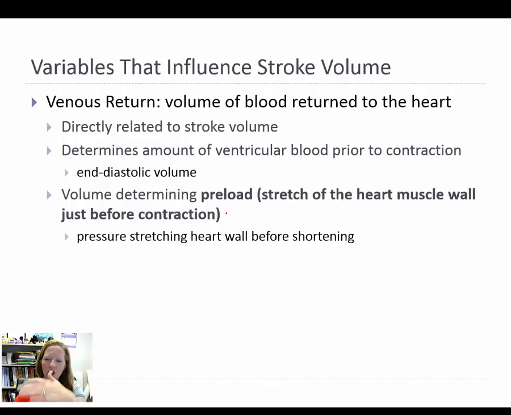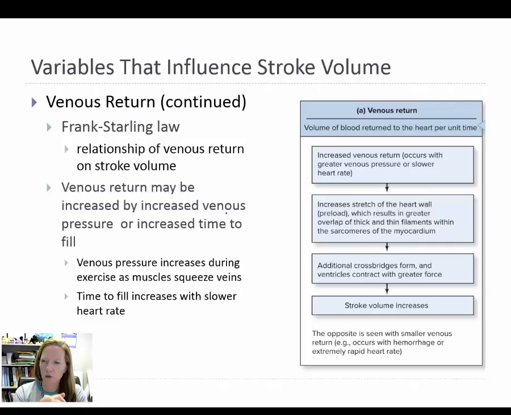Preload is the stretching of the heart muscle wall just before contraction, which is what I just did. The pressure that's building up is going to stretch that heart wall before it shortens. So that's preload, that's venous return. Let's take a look and see how they're all going to be influencing one another.